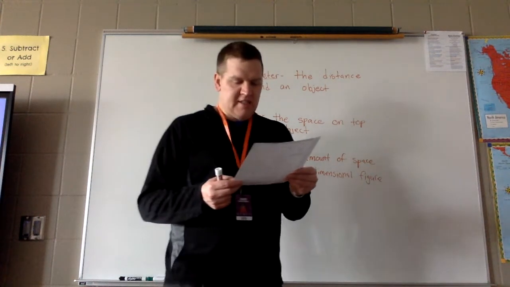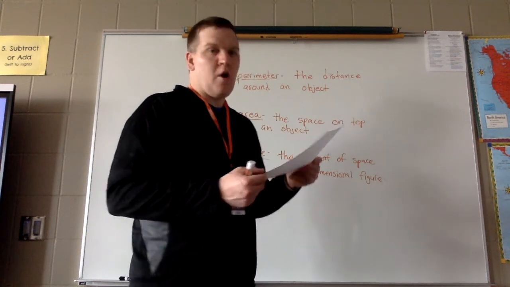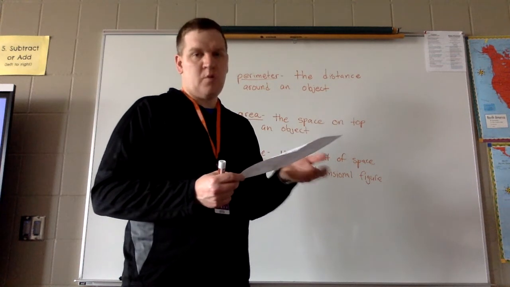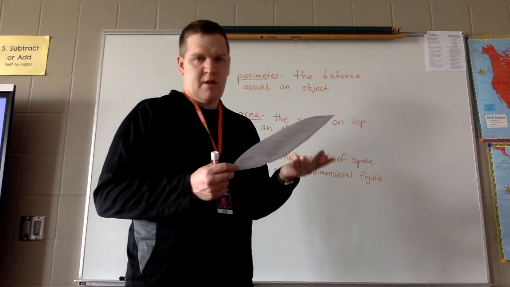So key concept says the volume of a rectangular prism is the product. Remember, product is the answer to a multiplication problem, so we're multiplying. Product of its length, width, and height.